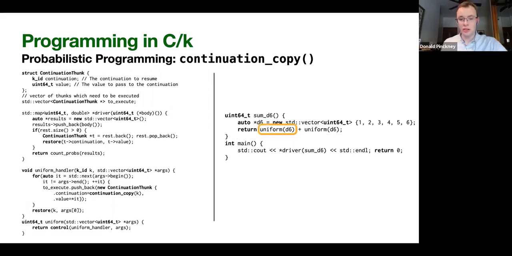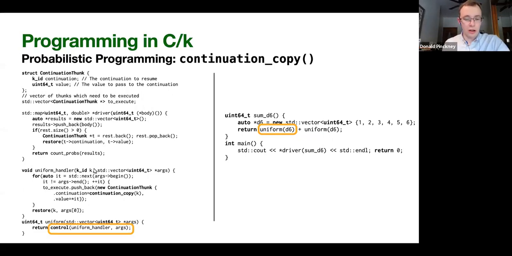So how does it do that? Let's start with the uniform function. How does that work? The uniform function starts down here. Its argument is just this vector of numbers that you're uniformly sampling from. And what it will do is capture the current continuation and call the uniform handler function here. So what does uniform handler do?